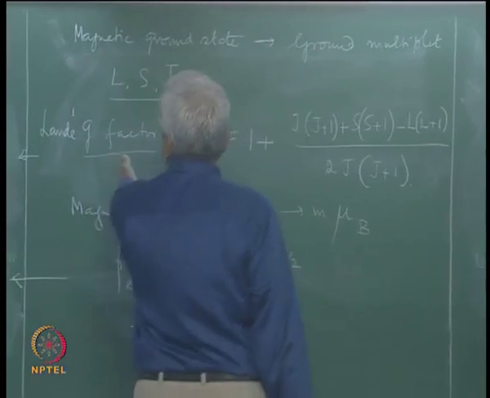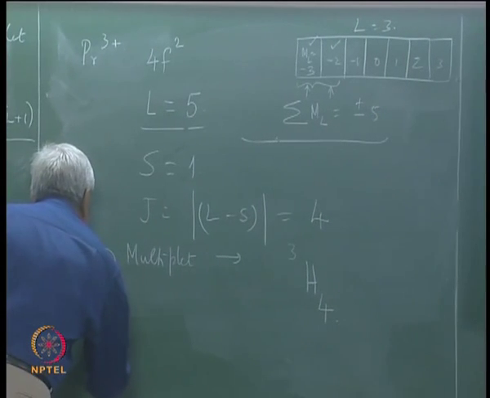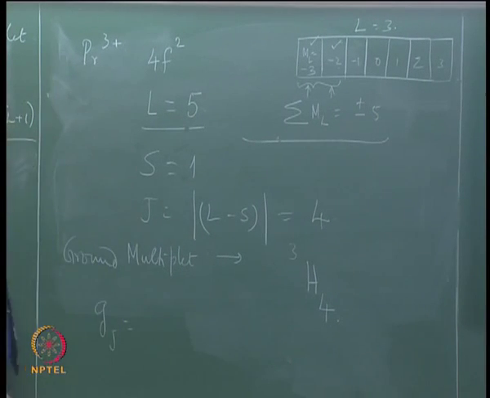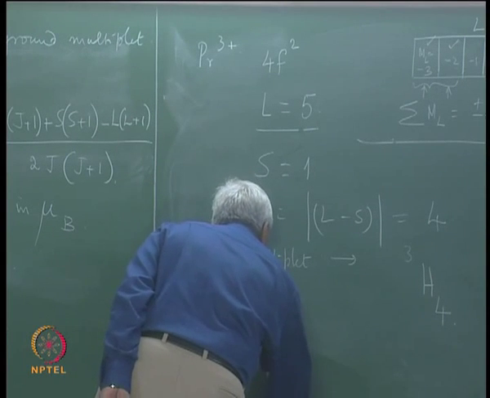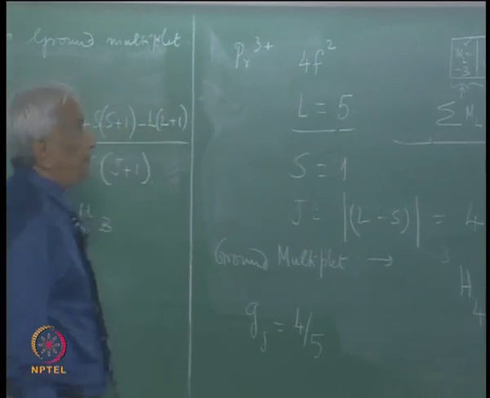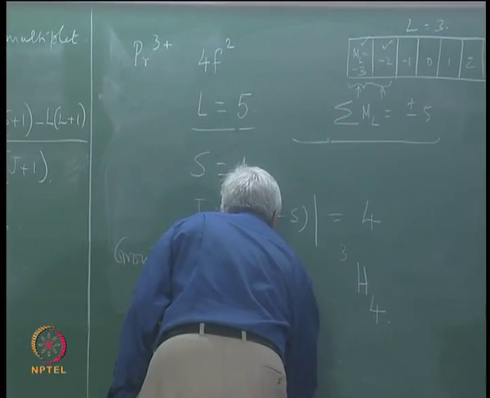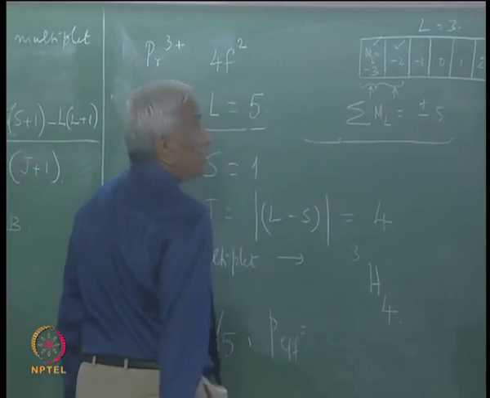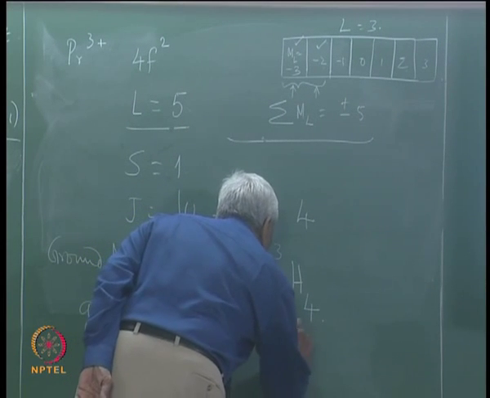And if we substitute in the Landé G factor expression for this, the Gj turns out to be 4 by 5 by substitution, and the corresponding effective magnetic moment is 3.58 Bohr magnetons.